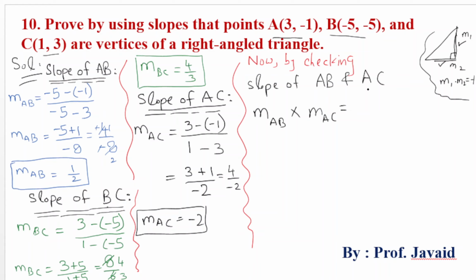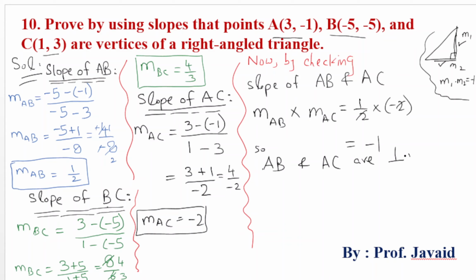Slope is denoted by m, so there should be no confusion. Slope of AB times slope of AC is 1 by 2 times -2, because AC is -2 and AB is 1 by 2. After simplification, this 2 cancels out, and what remains is -1. It means that AB and AC are perpendicular.